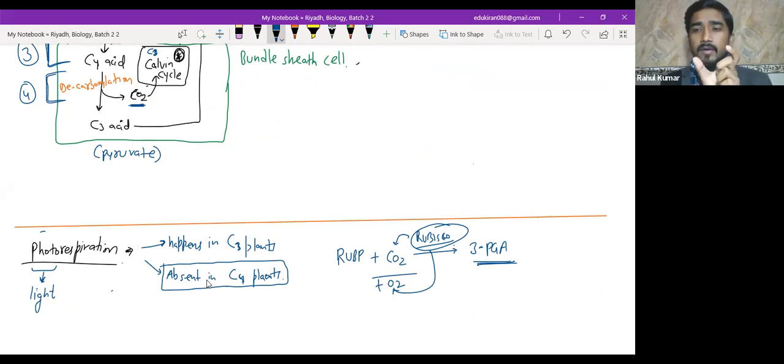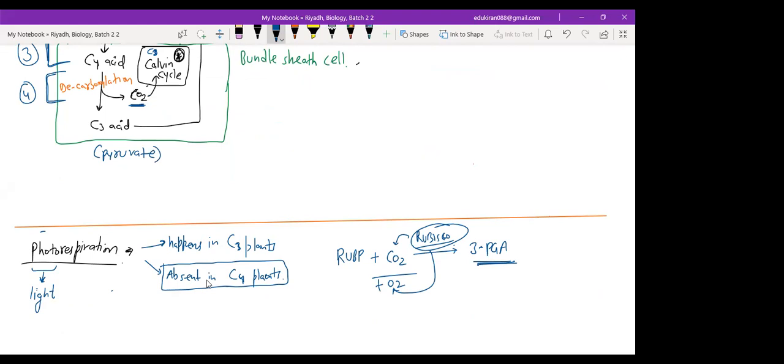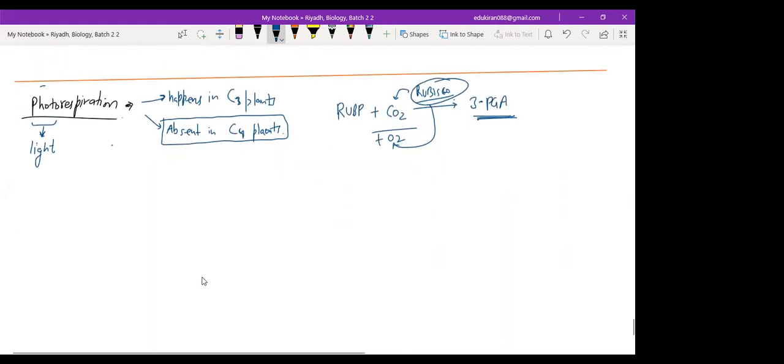In the bracket, write down rubisco. So basically, they make sure that only CO2 goes to rubisco and not oxygen. Correct? Yes, sir. Very good.